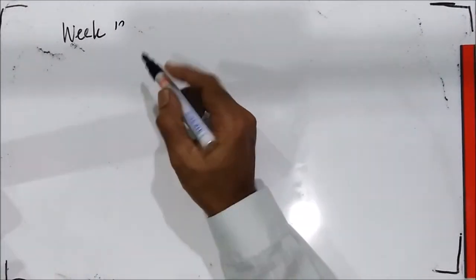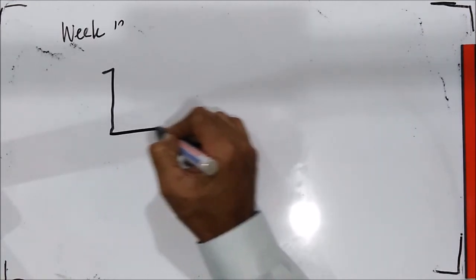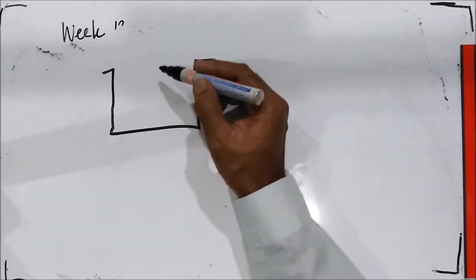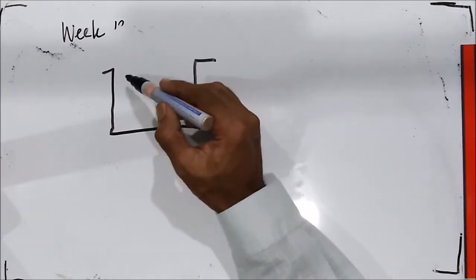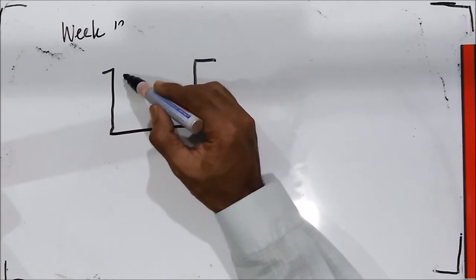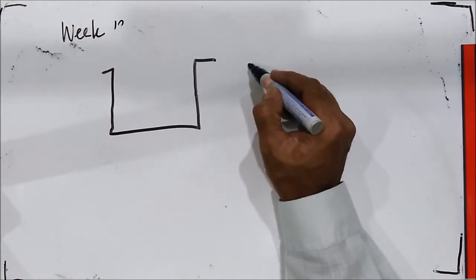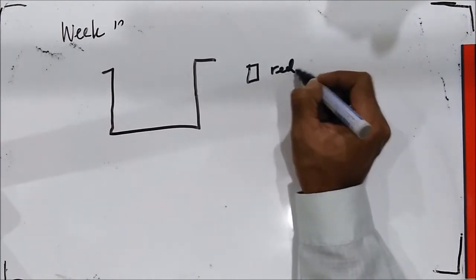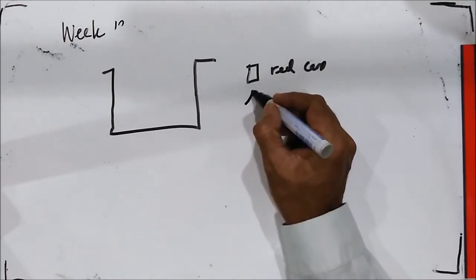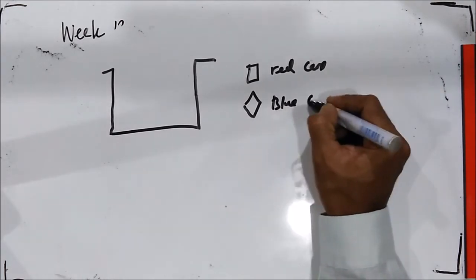So let's say I have an experiment here. A box contains a red card and a blue card. Let's say this symbol is a red card, and this symbol is a blue card.